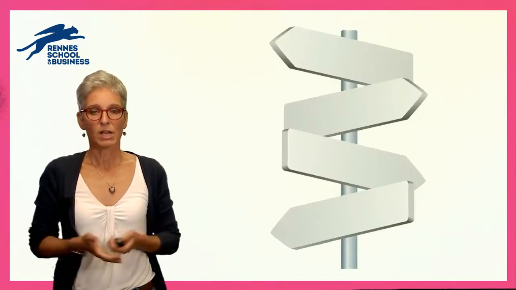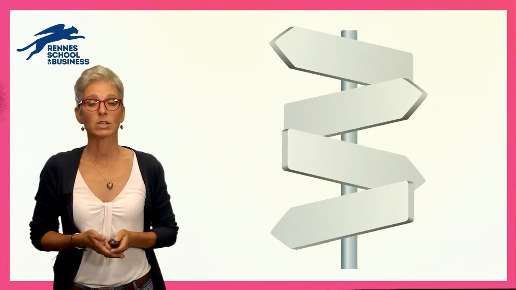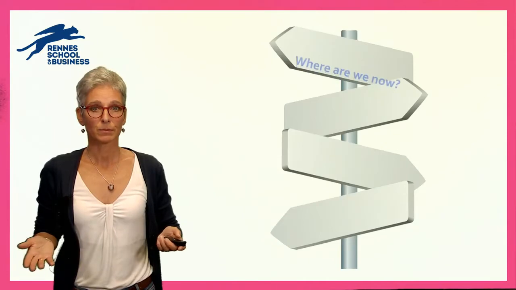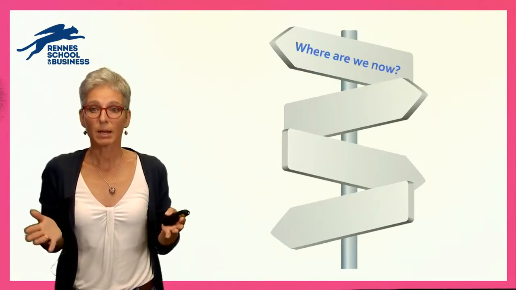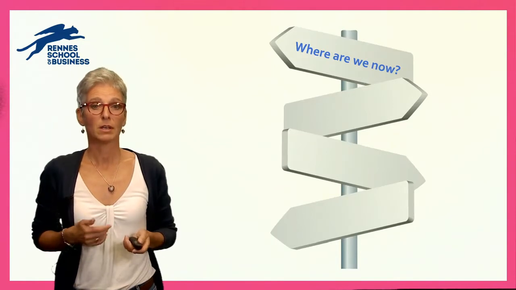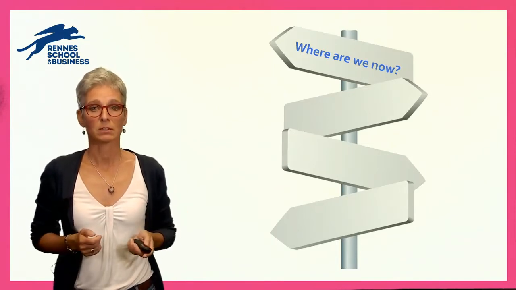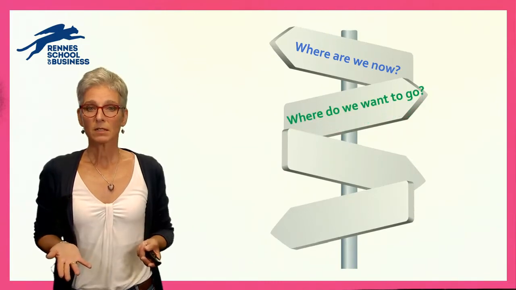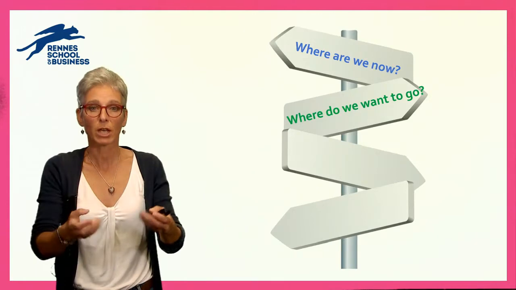In other words, if I start off with a signpost, we have 4 main questions to ask ourselves. First of all, where are we now? That is establishing what's going on in our market and who we are with in terms of competitors. Secondly, our strategy. Where do we want to go? What is our objective?